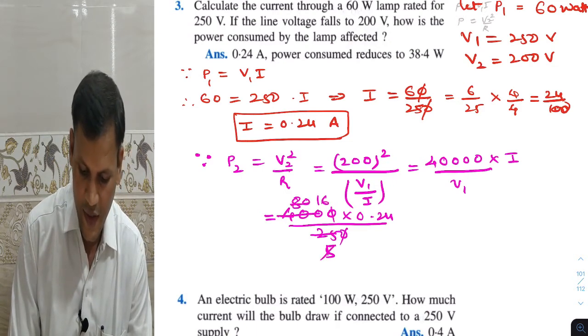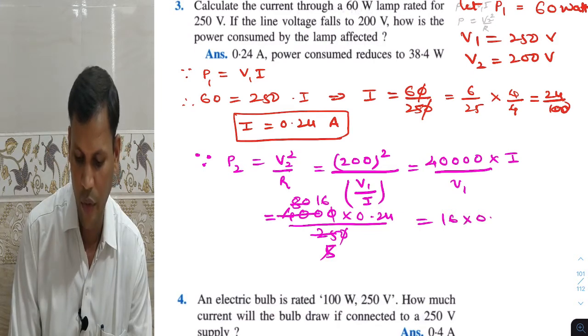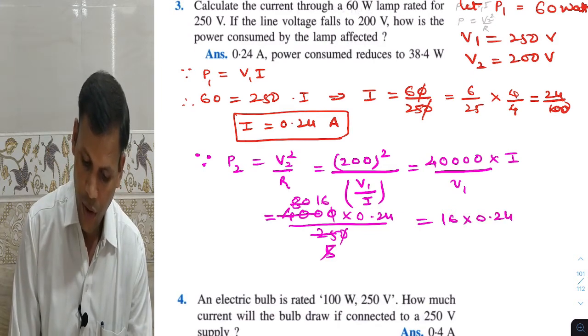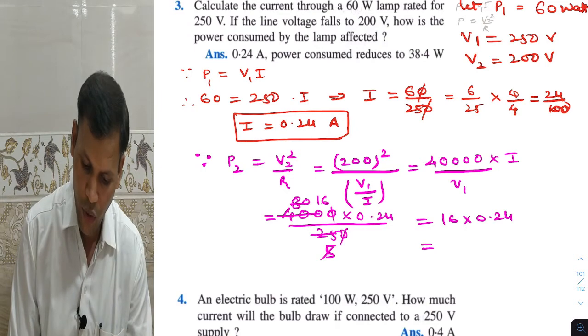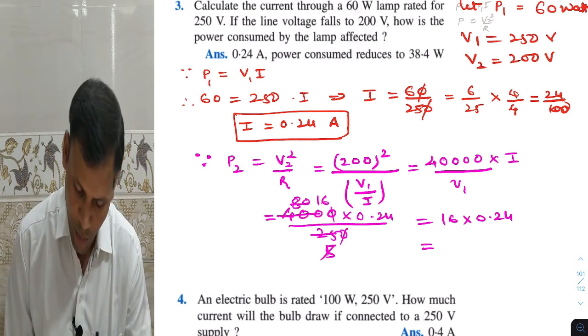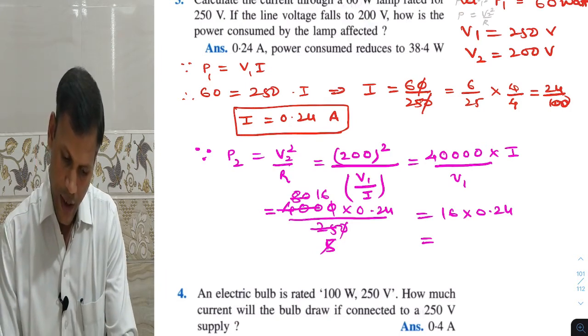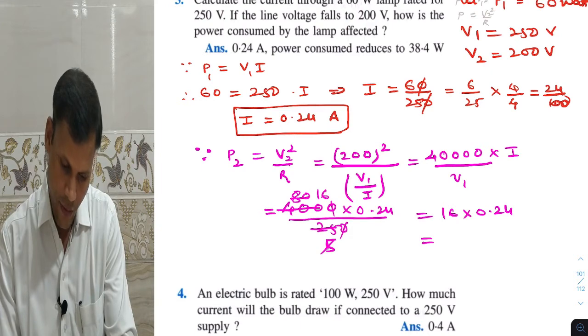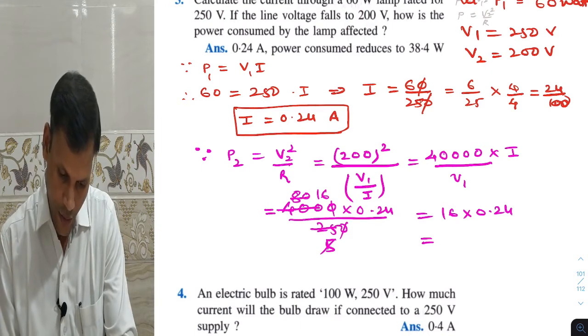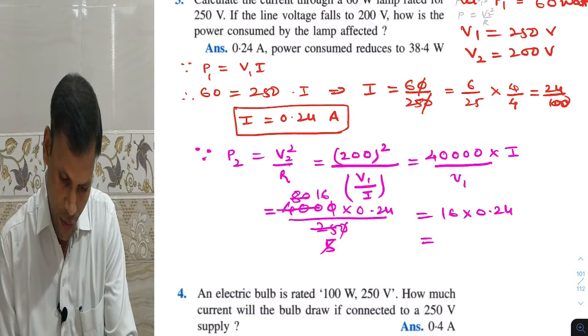So you are getting 16 into 0.24. Probably we are doing any mistake. No, V1 हमारा कितना है, V2 स्क्वायर बाई R, V1 25 है, फाइन. I हमने निकाला है 0.24, R is V by I, V is 250. ओके, कैलकुलेशन चेक कर लेते हैं.